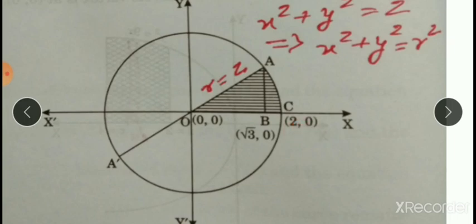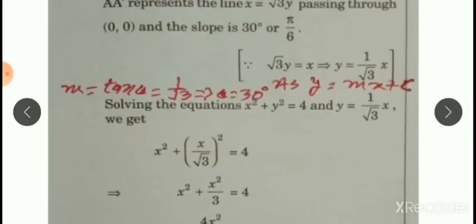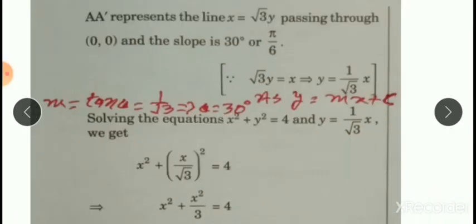We are getting two intersection points, as A dash represents x equal to root 3y passing through, that is root 3y is equal to x, which means y is equal to 1 upon root 3 x. We know that m is equal to tan theta is equal to 1 upon root 3, which means theta is equal to 30 degree. 30 degree means pi by 6.